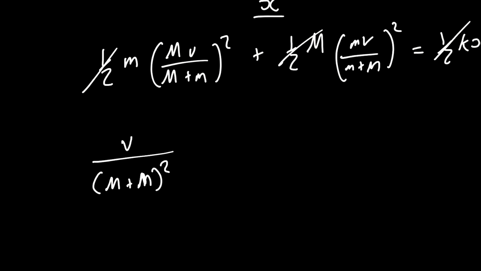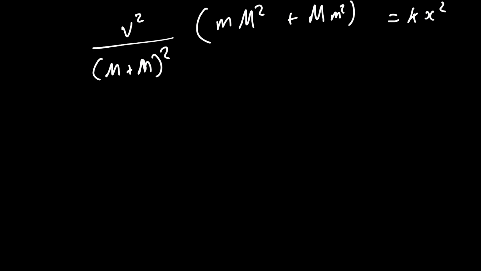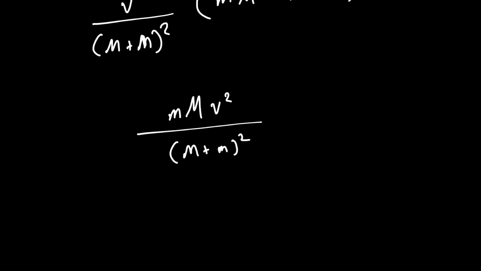We'll do it step by step. I can also take out v squared immediately. So I'm left with m M squared plus M m squared equals k x squared. I can take out little m times big M, so this will be m M v squared over m plus M squared times M plus m equals k x squared.